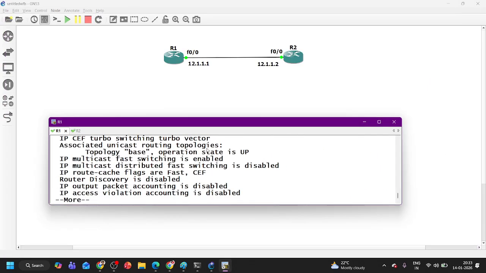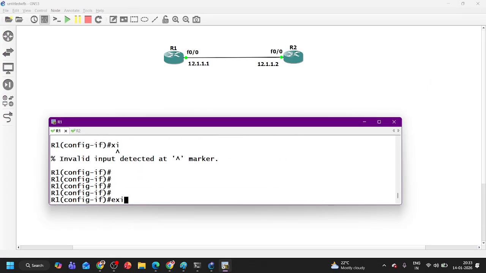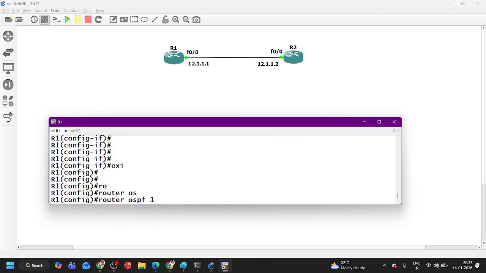But as soon as I enable OSPF over here, router ospf and process ID. See, on a single router we can run multiple processes of OSPF, and the process ID is used to differentiate the multiple processes of OSPF. Process ID is nothing but a 16-bit decimal value, so the range is going to be 1 to 65535.